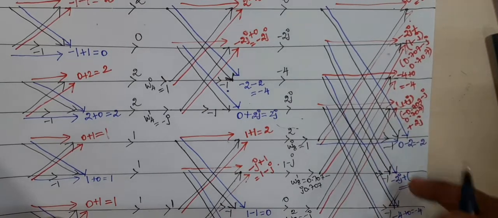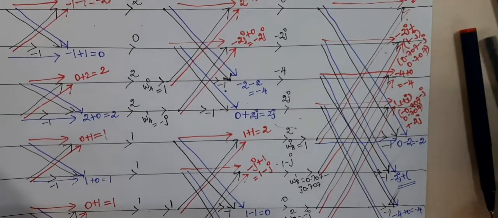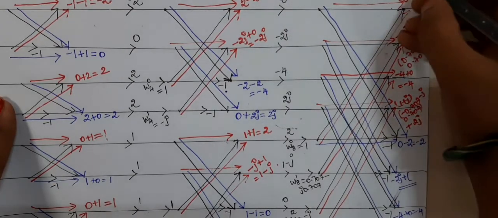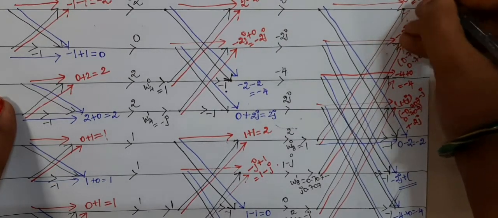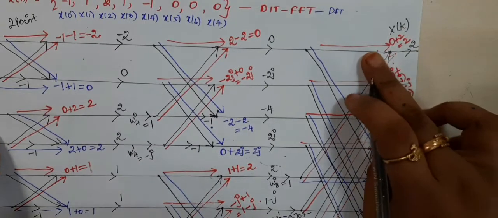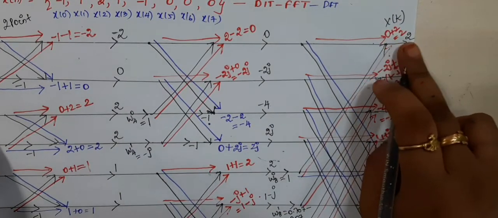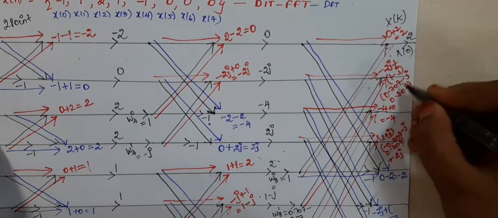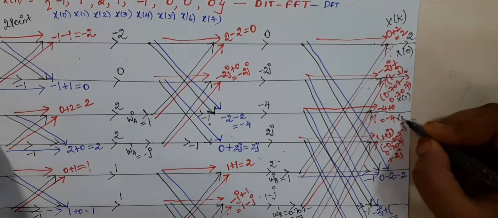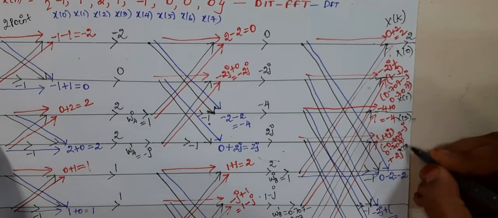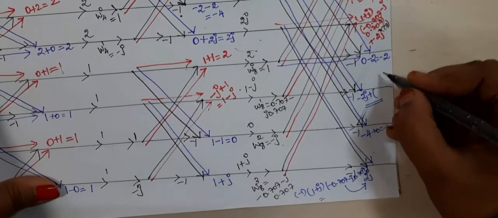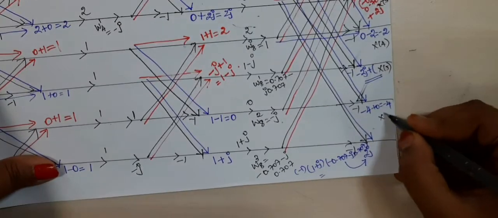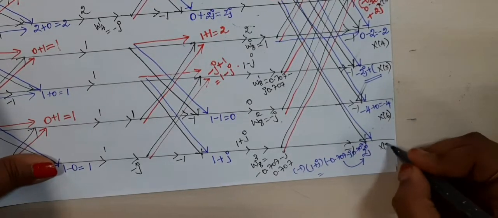The remaining part we can do. So what are the values we got finally? This value is 2. This is x of k, and x of k is in normal order. So this is x of 0, x of 1, x of 2, x of 3, x of 4, x of 5, x of 6, and x of 7.